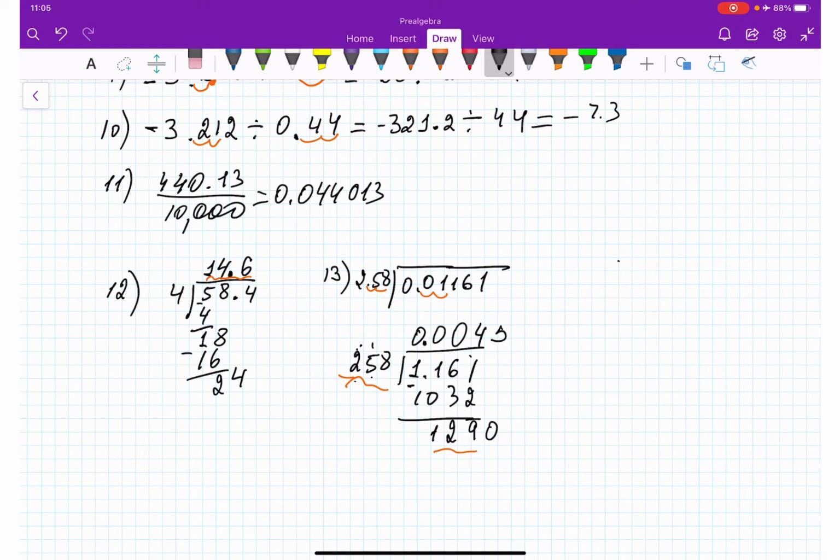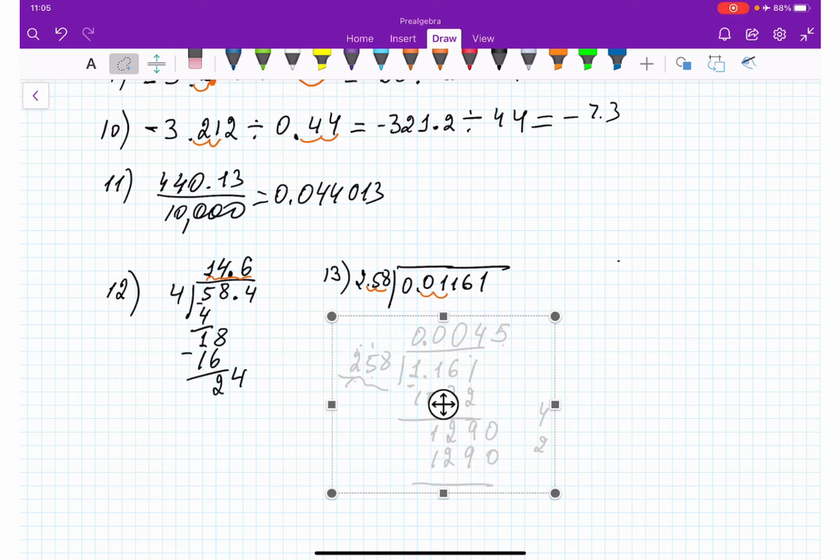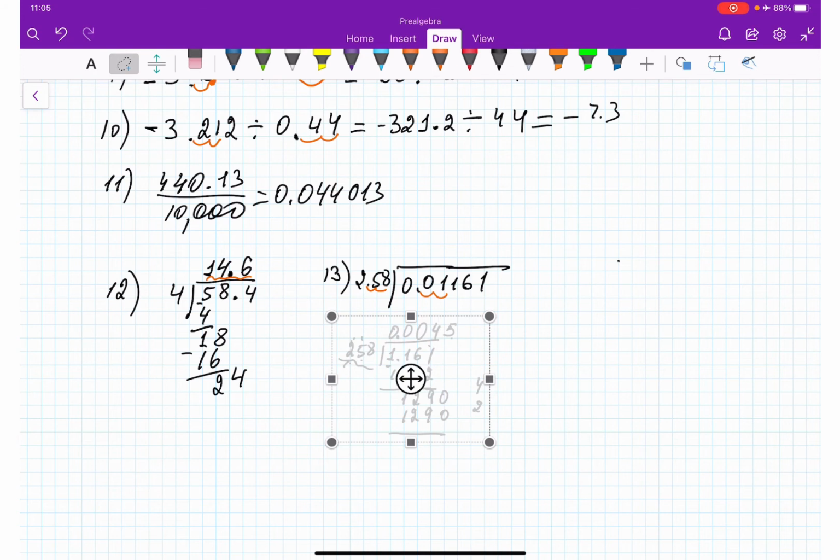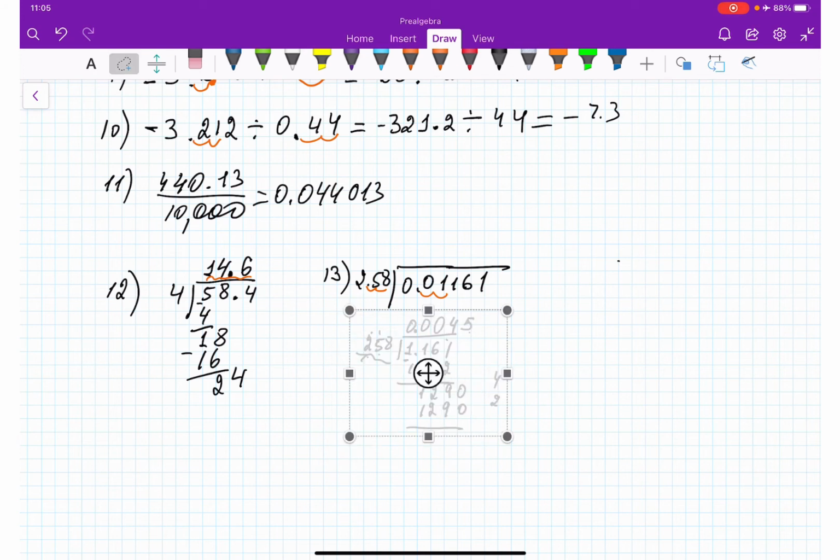Let's try. 5 times 8, 40. 4 in mind. 5 times 5, 25, and 4, 29. Well, looks like we're getting in good shape. 5 times 2 is 10, and 2, 12. Okay, we're done. So it's going to be 0.0045. Next one, number 14.